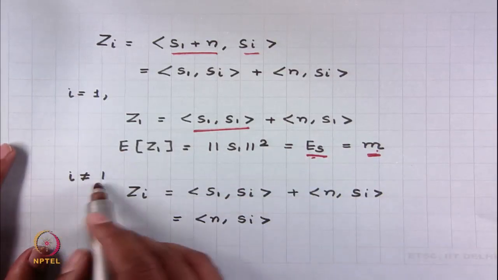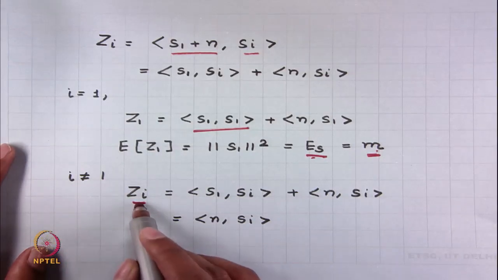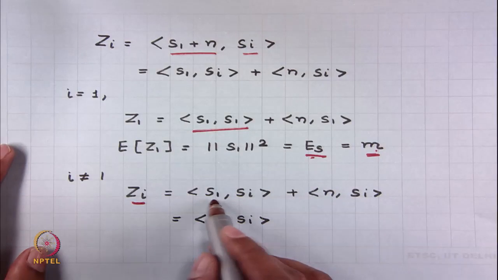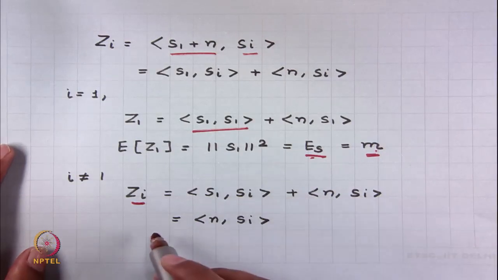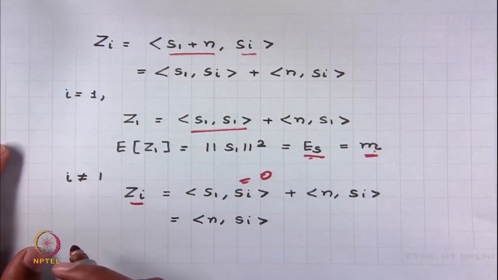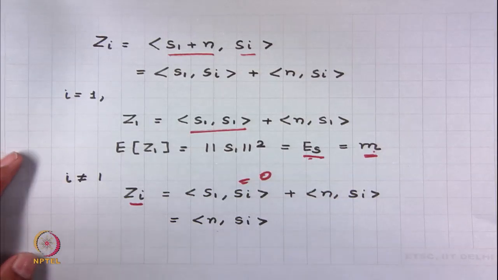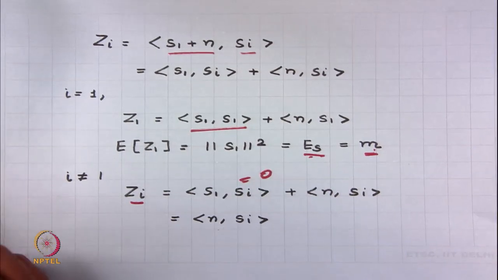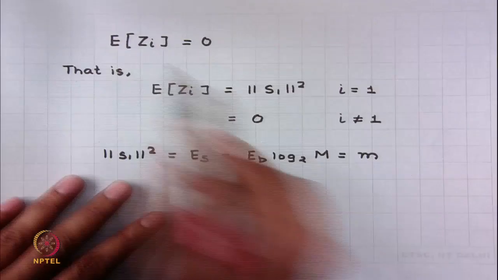What happens when i is not 1? When i is not 1, we have Zi, which is the inner product of S1 with Si plus the inner product of noise with Si, and the first term is 0 because the signals are orthogonal. What we are left with is the inner product of n with Si, and its mean is 0 because noise has 0 mean.